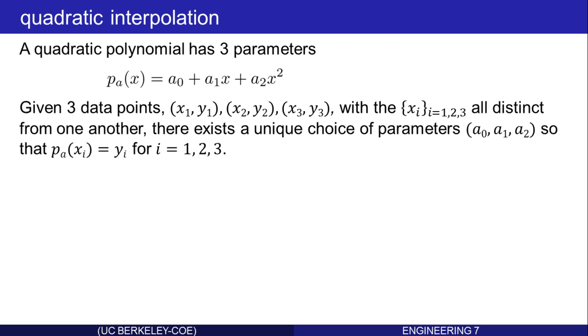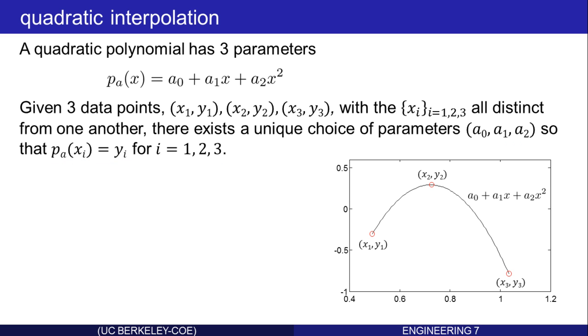Now, if we're given 3 data points, x1, y1, x2, y2, and x3, y3, with all of the xi distinct from one another, then, again, there exists a unique choice of parameters, a0, a1, a2, so that the quadratic polynomial evaluates to the corresponding value of y at each x. Here's a picture of that. 3 data points, x1, y1, x2, y2, and x3, y3, and I've drawn the one quadratic polynomial that fits through those points.